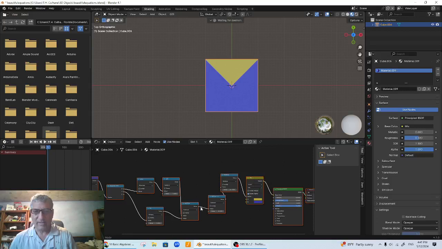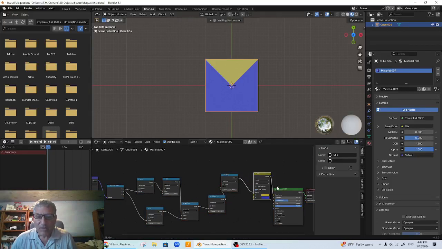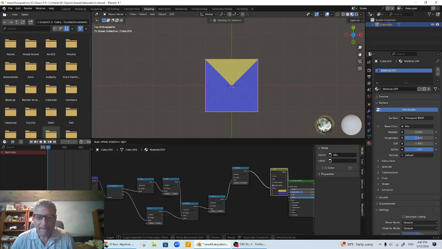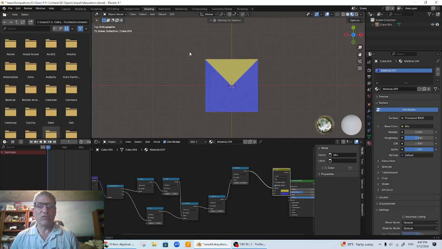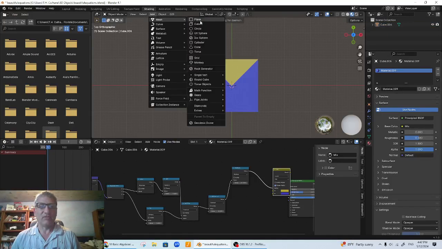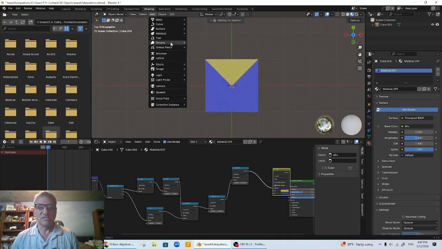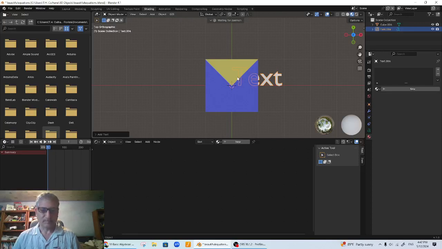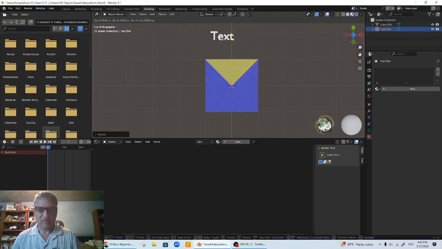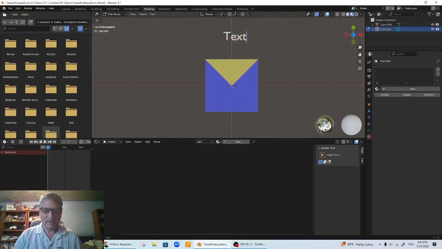Let's do red and yellow. Blue and yellow kind of makes greenish when you're from a distance. All right, then from there, we need to do a text object. Text. And scale it down. And edit it. And we're going to do y equals 1 over x.